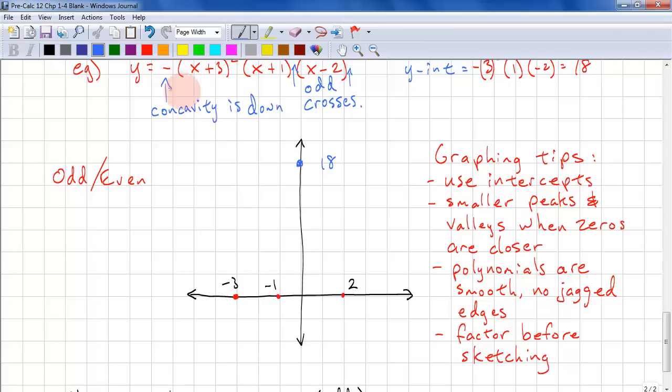And what else do we know? This is a degree 4 polynomial and it's concave down. So it means we need to start below. And at negative 3, it touches, it bounces. We go down and back up. And at negative 1, it crosses.